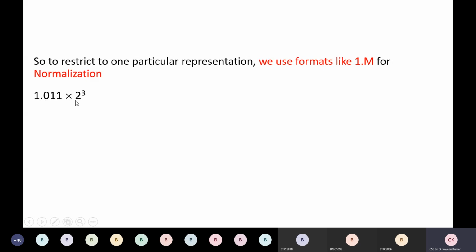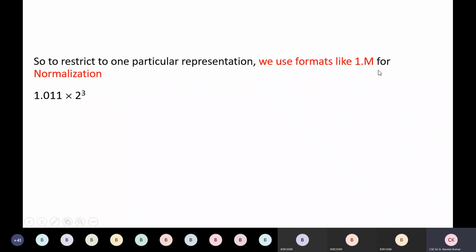We call this the normalized form, because it cannot have different representations like in the previous slide. It is restricted to 1.m, so we cannot move the dot to the left or to the right. To the left of the dot it must have 1, and to the right it must have the mantissa.